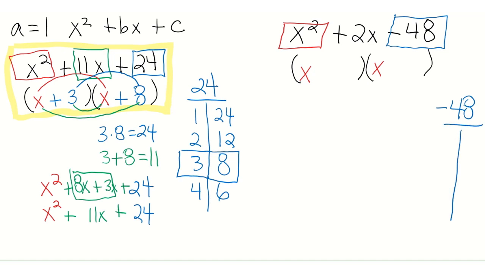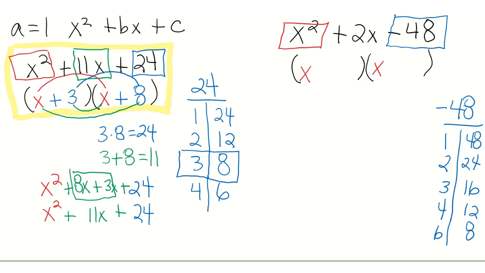So the factors of 48 are 1 and 48, 2 and 24, 3 and 16, 4 and 12, and 6 and 8.